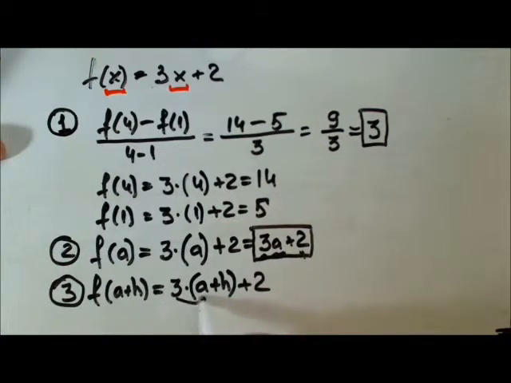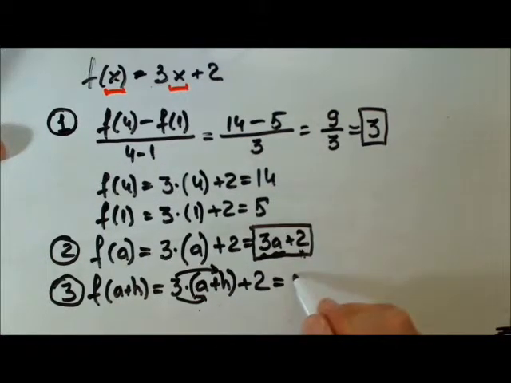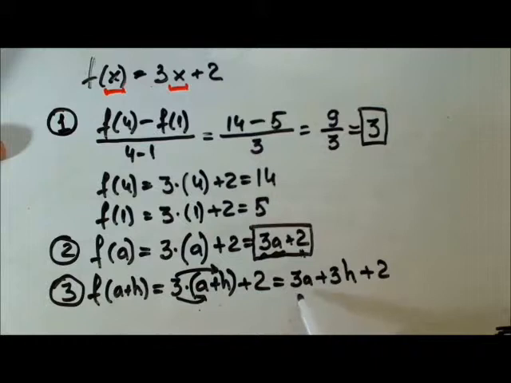It means to distribute it times a and times h. 3 times a is 3a, 3 times h is plus 3h, and plus 2. Again, we try to simplify it, and as you can see, we have only one term with a, only one term with h, and only one constant term. We cannot add them, so we leave it in the same form. 3a plus 3h plus 2 is our answer for this expression.